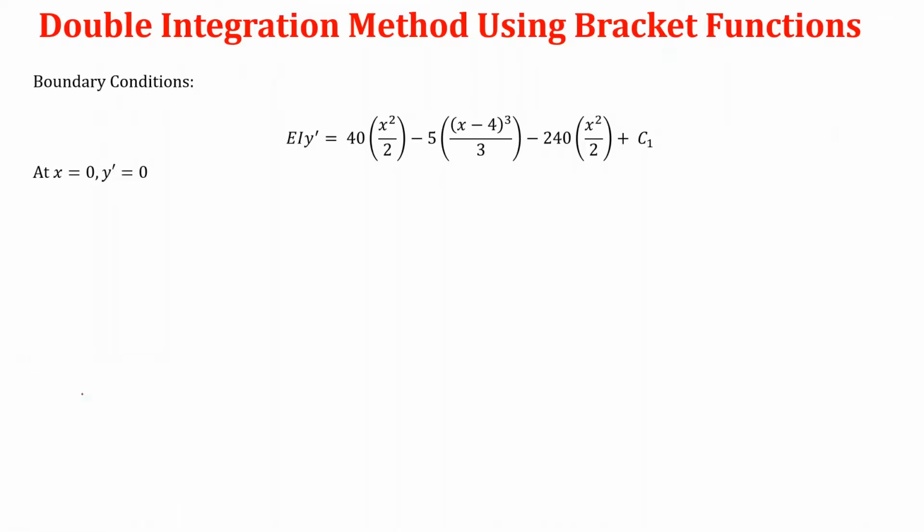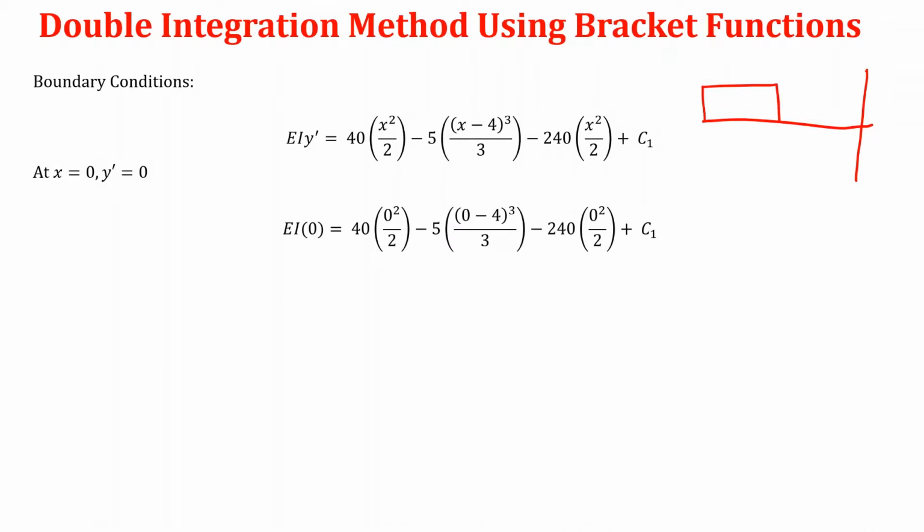So nganong when x is 0, y prime is 0 na pod? Kasi di ba, ang atong gibuhat is consider right. Consider right man ta. So ang x nagsugod sa fix. Di ba? So when x is 0 diri, consider right atong gibuhat.